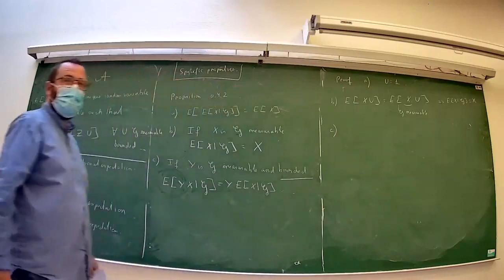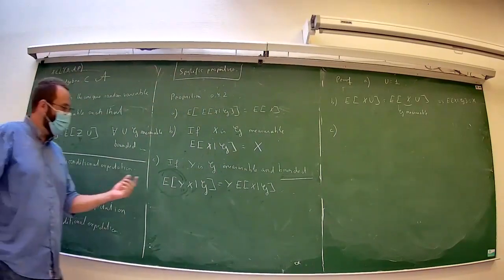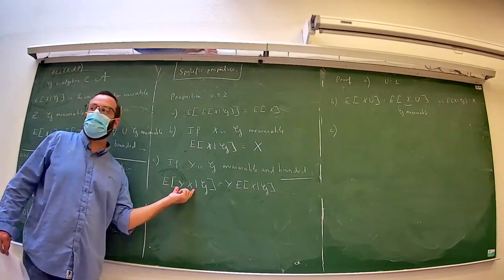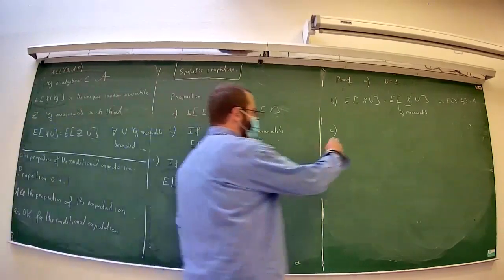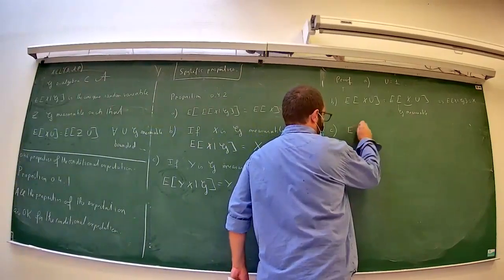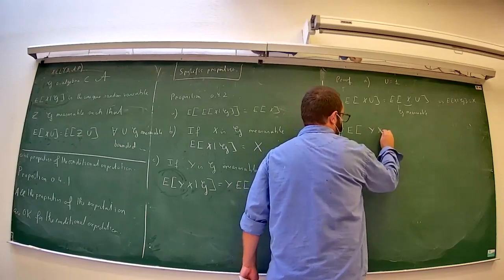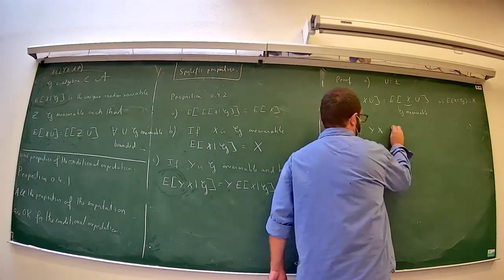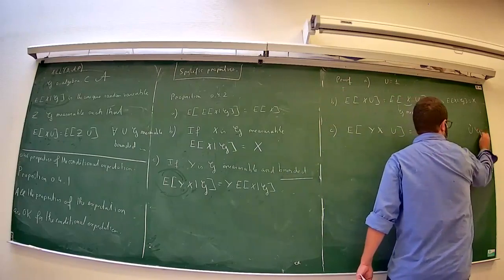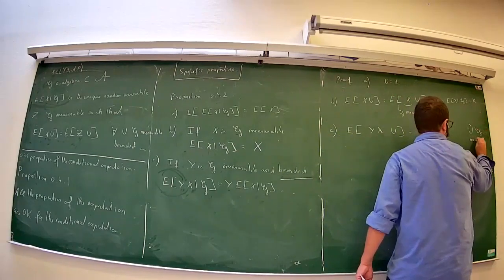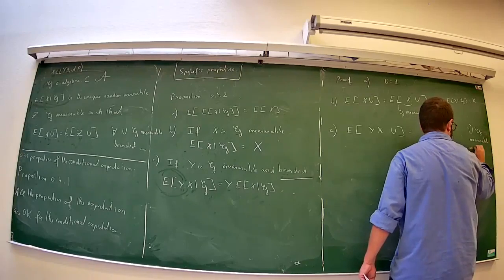Let's do the proof. Once again, it's a consequence of the definition. I am interested in the conditional expectation of the product yx. So I am interested in the expectation of yx times u, for u J measurable and bounded.